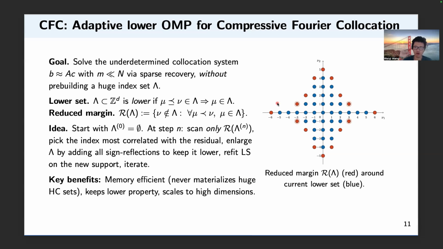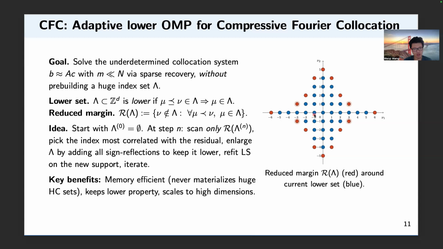So the fit is robust and less shaky. And it can also extend to high dimension d, because the size of the edge stays much smaller than the full candidate list, or even the cardinality of the hyperbolic cross set.